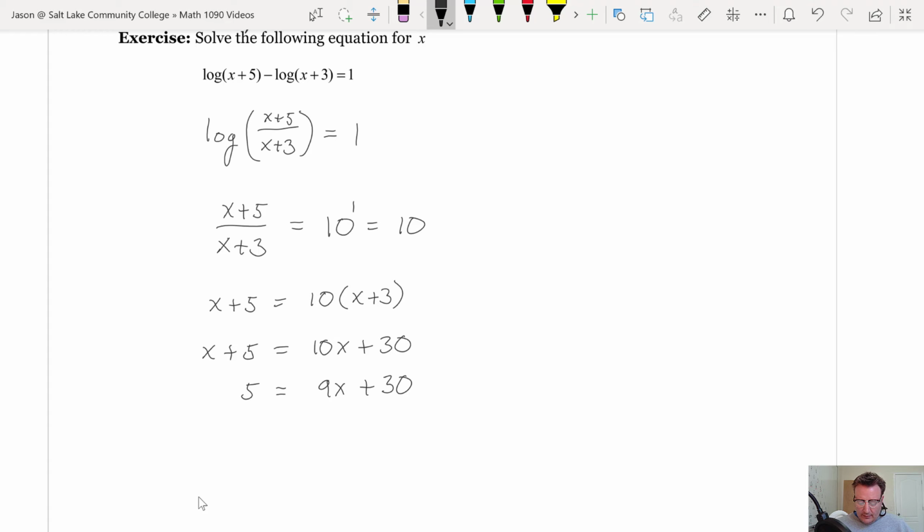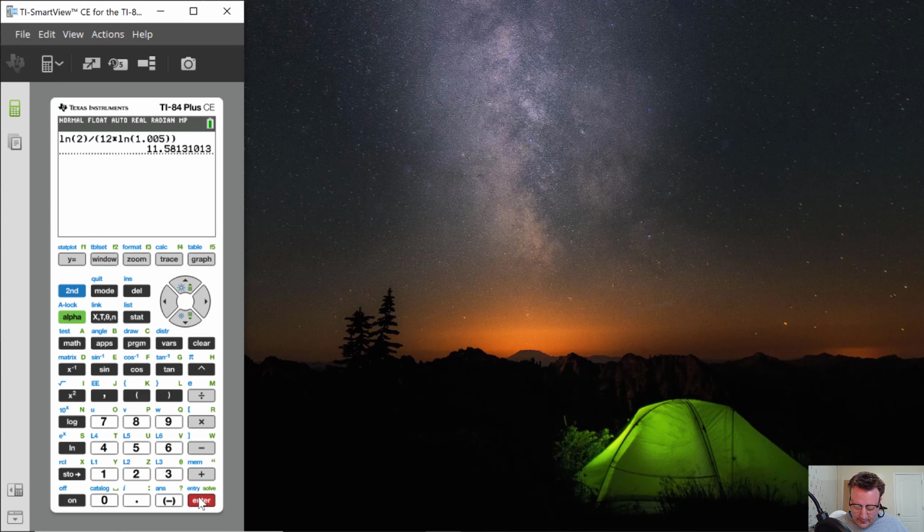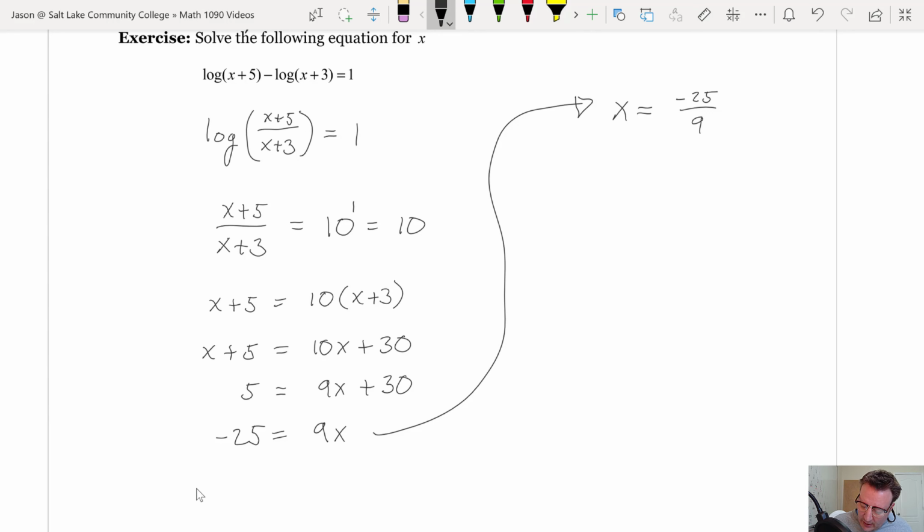And then if I subtract 30 from both sides of this equation, I'm going to get negative 25 equals 9x. So x is equal to negative 25 ninths, which is, what is that? Negative 25 divided by 9. It's about negative 2.7 repeating.